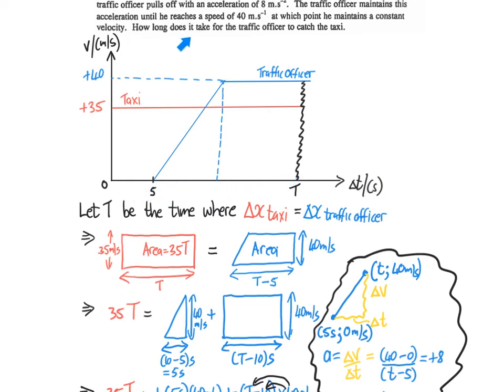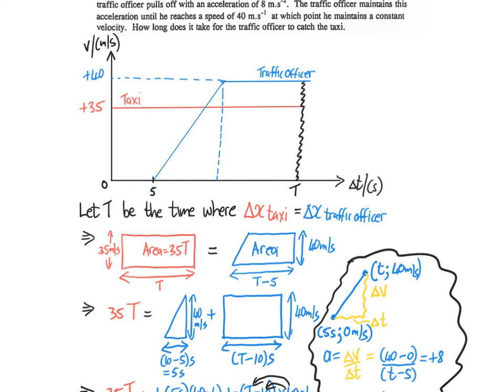But it asks, how long does it take for the traffic officer to catch the taxi? So one just needs to be careful in the way you answer this. The answer is 60 seconds from the time that he turns around and runs towards his vehicle. From the time that he starts his motion, that would be 55 seconds.